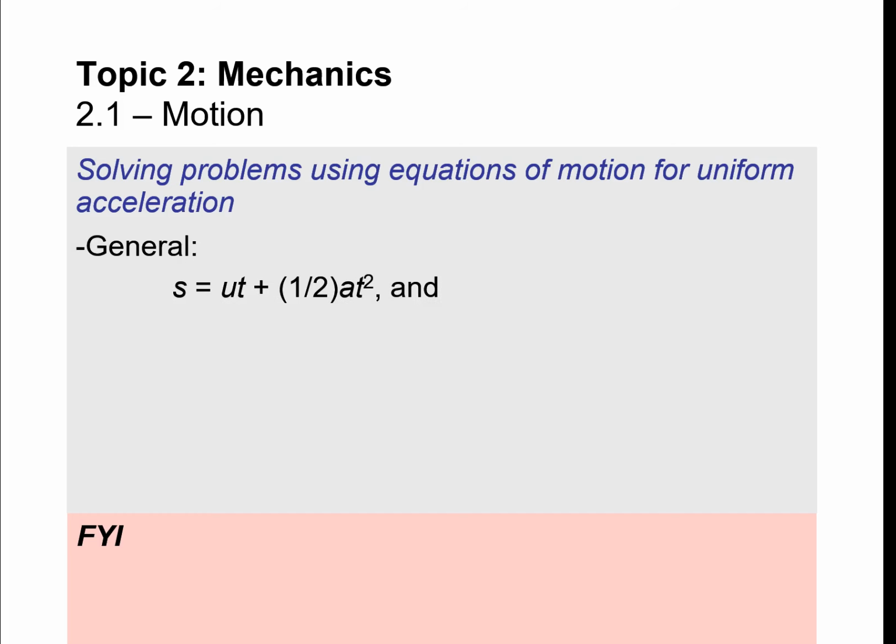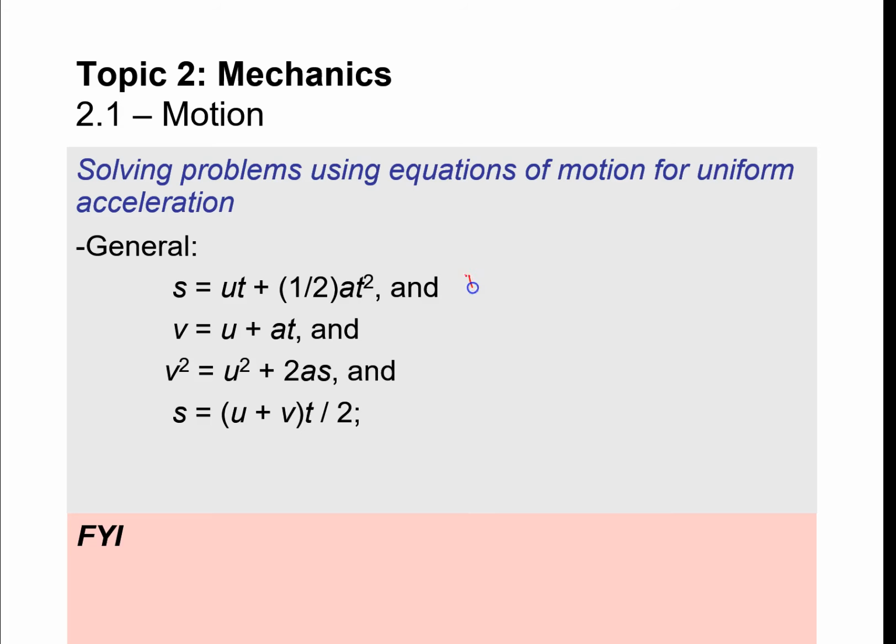So in general, okay, these are the equations that we have for constant acceleration motion. So this here is an equation for displacement versus time. The second equation is an equation for velocity versus time.